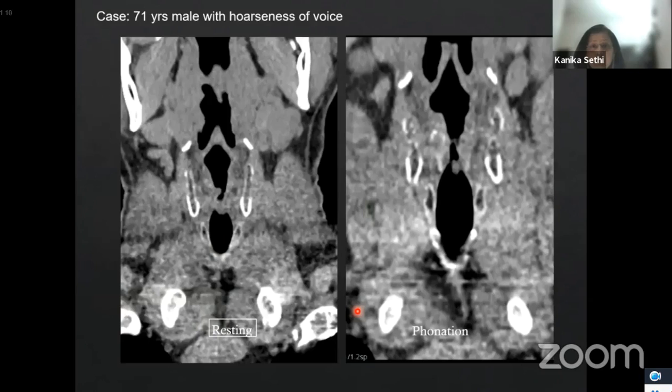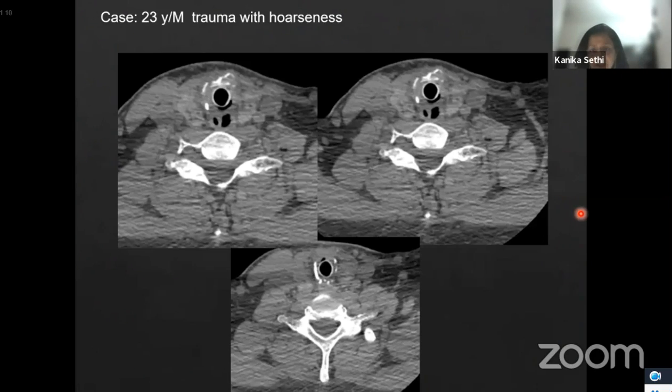Now, some of the benign causes like polypoidal lesions or polyps can also present with vocal cord palsy, as can a small laryngeal nodule, or trauma with fractures of the laryngeal cartilages.